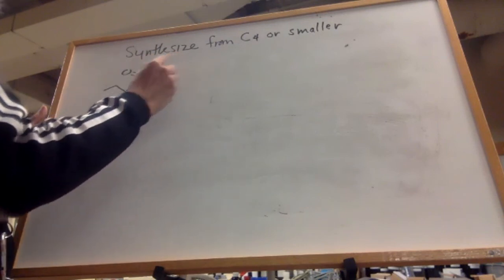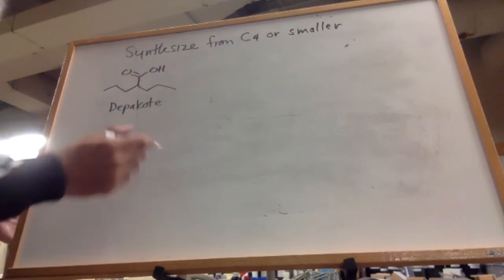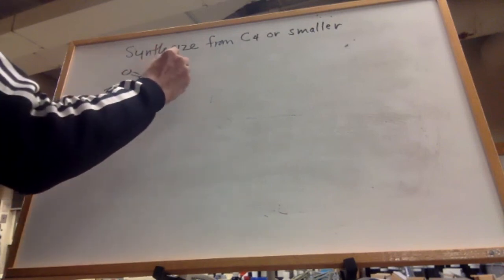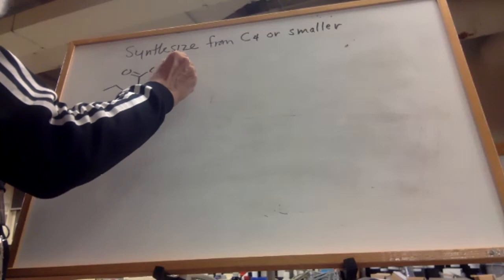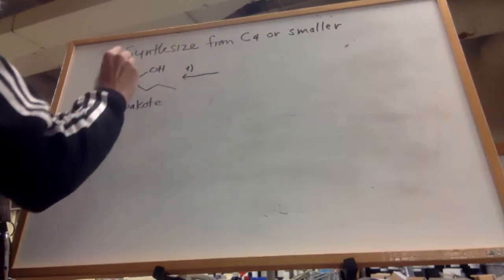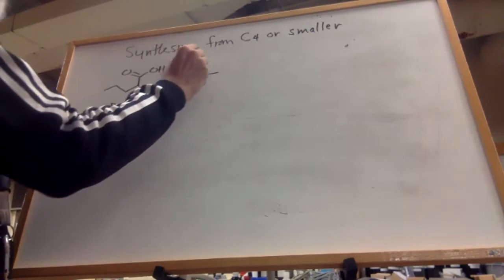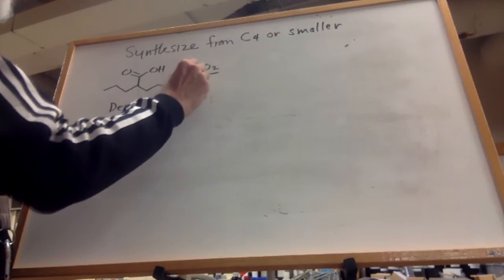So beginning our retrosynthesis here, we could try carbonation of a Grignard, or we could try various other procedures. So let's try carbonation of a Grignard, where the carboxylic acid carbon came from carbon dioxide.